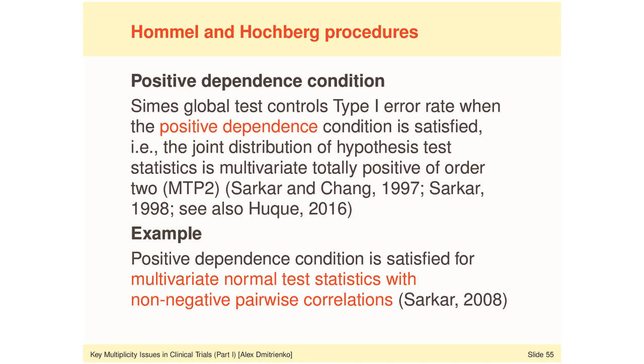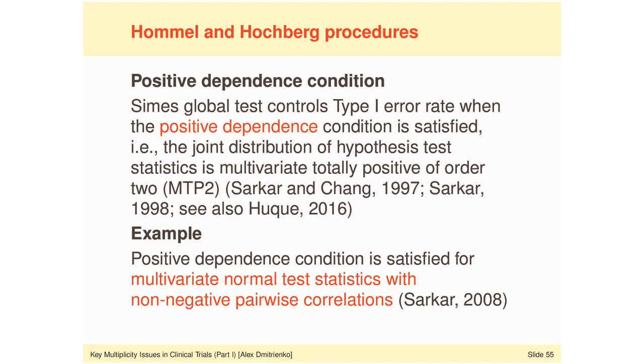Also, the Simes procedure controls the type 1 error rate when the joint distribution of the test statistics exhibits a certain type of positive dependence. Specifically, when the joint distribution is multivariate totally positive of order 2.